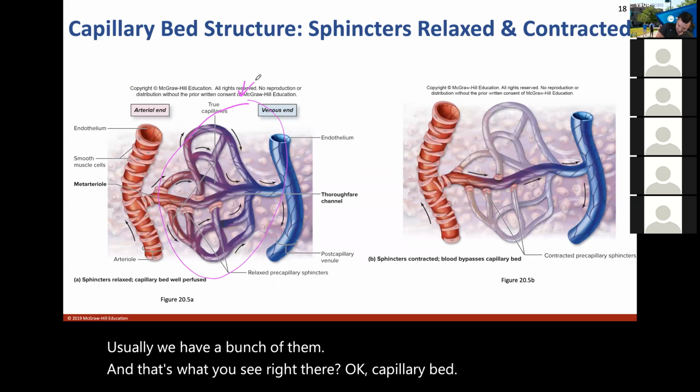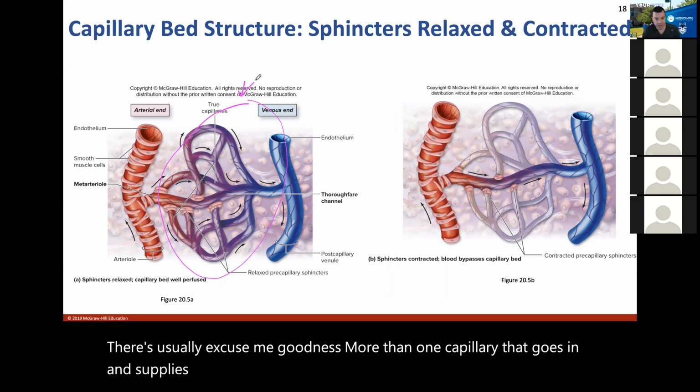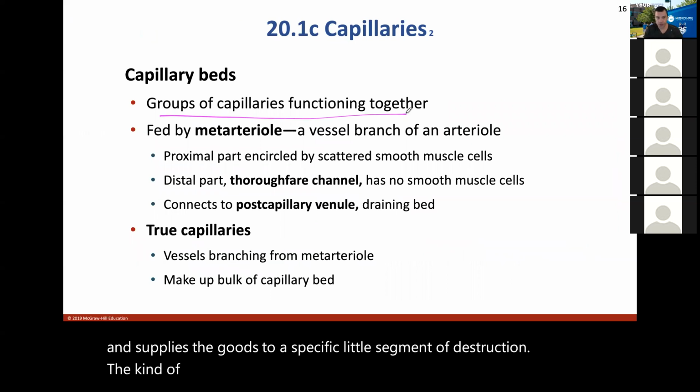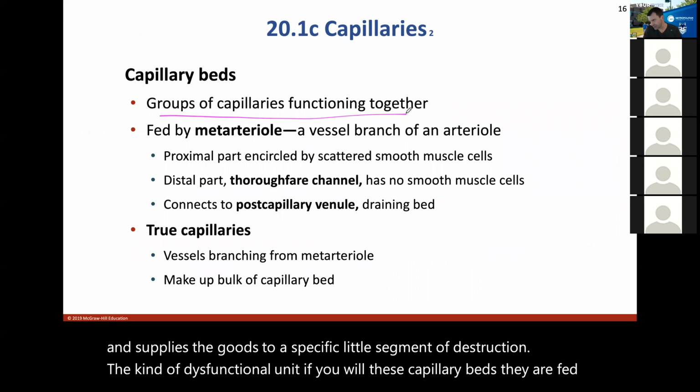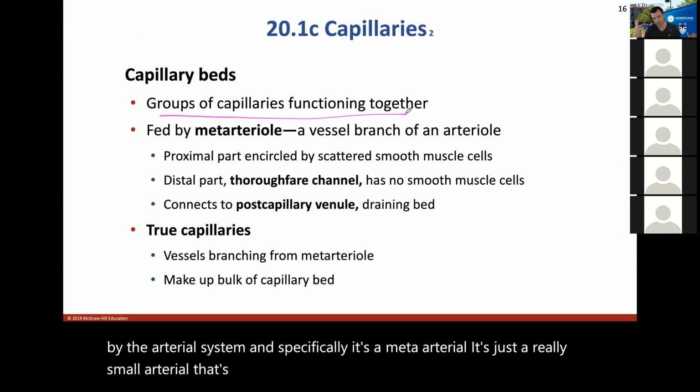There's usually more than one capillary that goes in and supplies the goods to a specific little segment of the structure. They're kind of this functional unit, if you will, these capillary beds. They're fed by the arterial system, and specifically it's a meta-arteriole. It's just a really small arteriole. That's all it is.